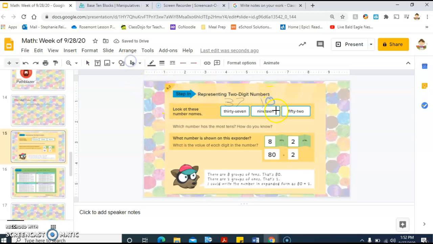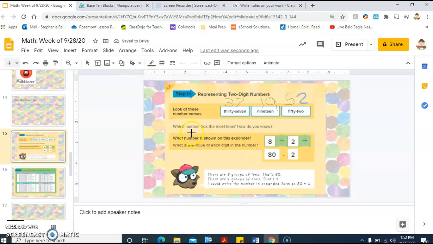Oops. There we go. That's kind of like a 9. 52. That's telling us we have a 5 in the tens position, and a 2 in the ones position. So that one's pretty easy.